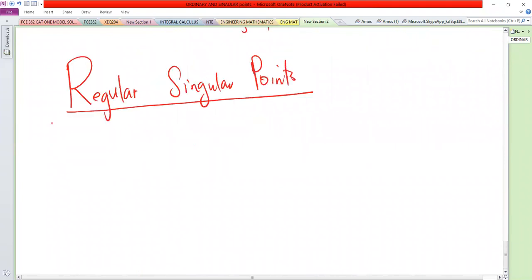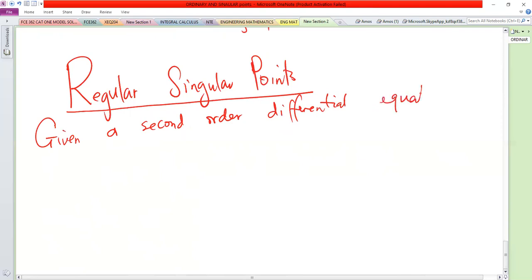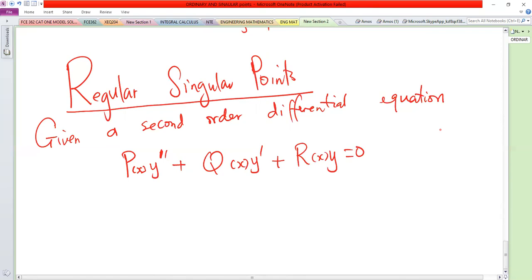So we say that, given a second order differential equation, capital P of X times Y double prime, plus capital Q of X times Y prime, plus capital R of X times Y equals 0, let me just call this one 2.